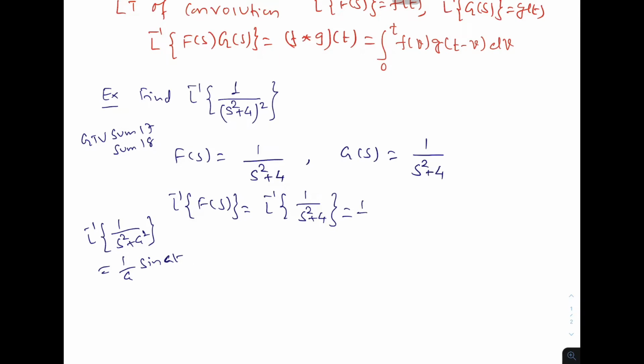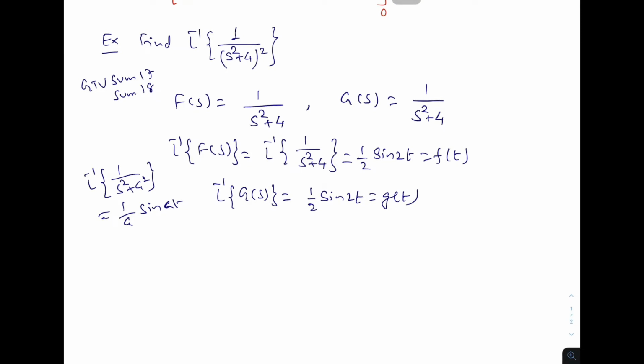So the inverse Laplace transform of F(s) is 1 over 2 sin 2t. This is our f(t), but it is also the same as g(t), because G(s) is the same function, so its inverse Laplace transform is also 1 by 2 sin 2t.